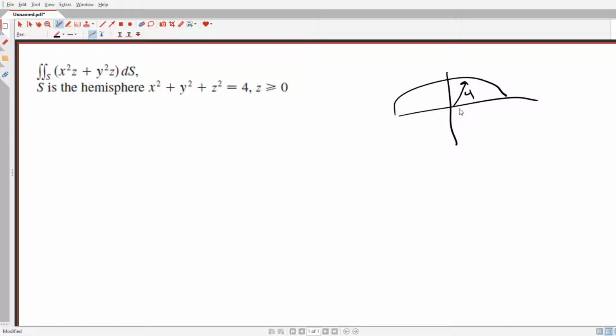Okay, so it says a sphere, so I'm thinking that when I do this parametric surface, I should do something like spherical coordinates.